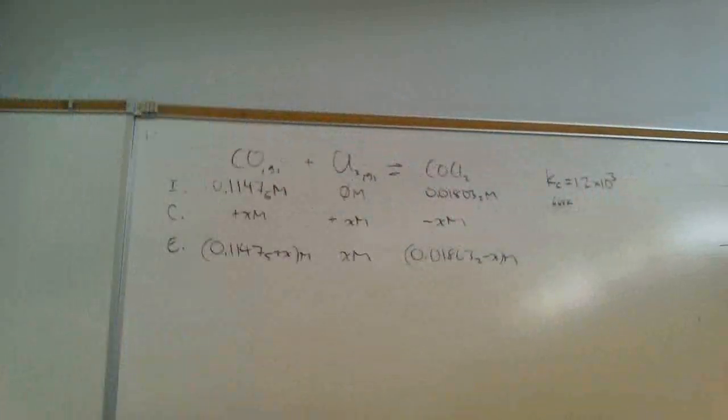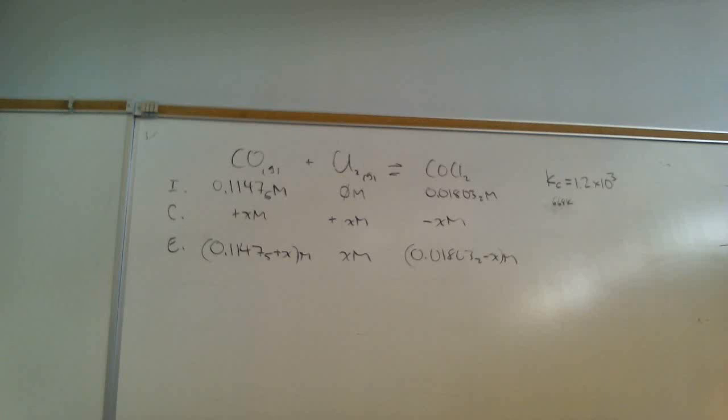Well, the last K value we did was 50.2, which does not really favor one side or the other. It's kind of a seesaw type thing. This K is a bit bigger, and so it favors the product side, because it is 1,200.